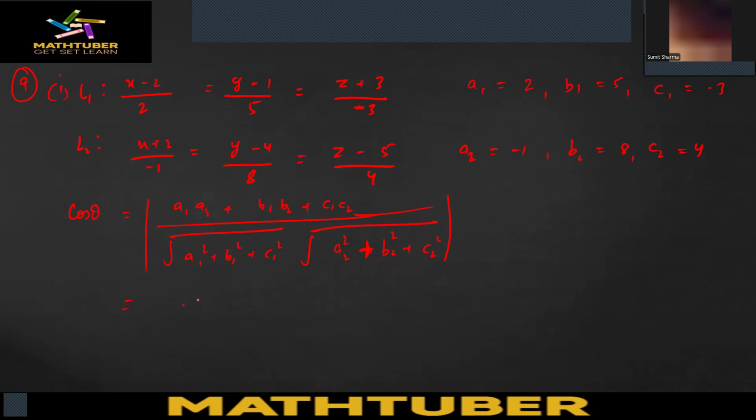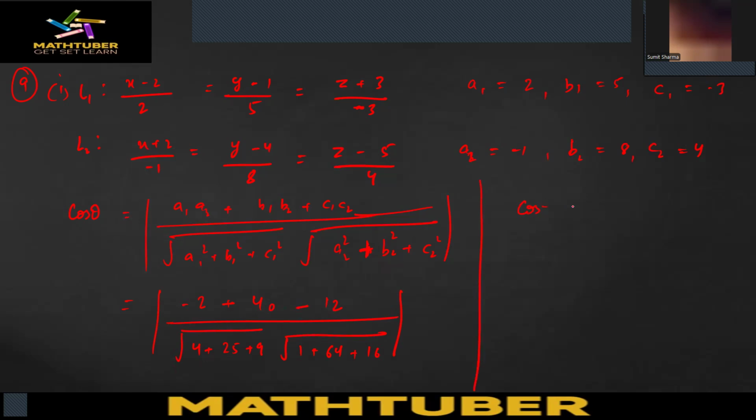So just multiply them: minus 2 plus 40 minus 12 divided by under root of 2 square is 4, 5 square is 25, plus 9, under root 1 plus 64 plus 16, modulus, right? So 40 minus 14 is 26.